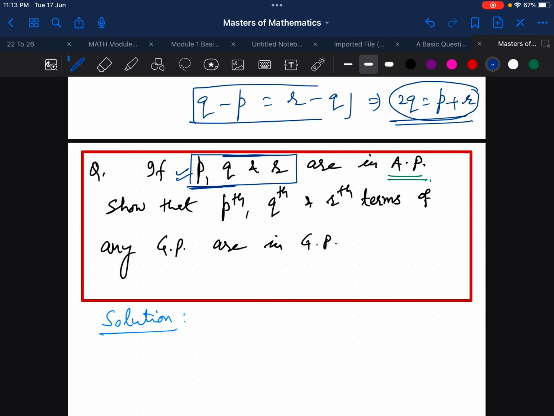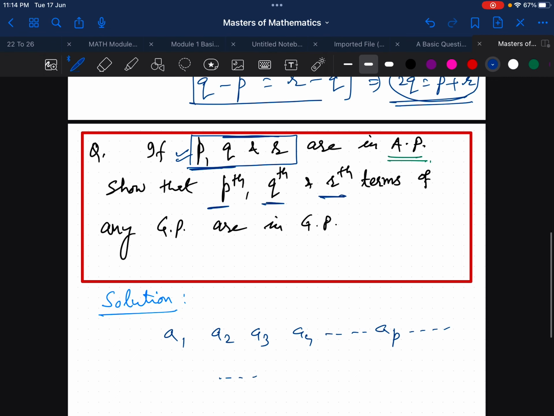Now let us move on. Show that the Pth, Qth and Rth terms of any GP are in GP. We understand that a GP has a first term, second term, third term, fourth term, and so on, and there will be a Pth term, then there might be a Qth term, then an Rth term, like this. So let us assume the GP is A1, A2, A3 up to AP, AQ, AR, and so on.